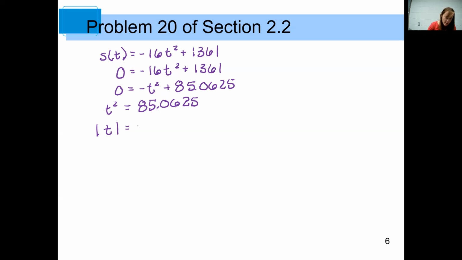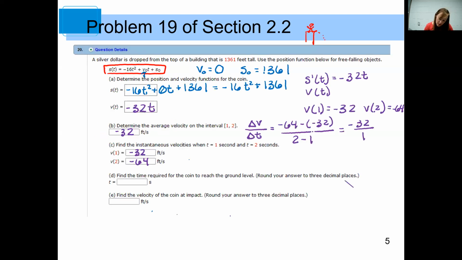So then this gives us the absolute value of t equals, if I'm just rounding it, 9.223. Again, I'm not paying attention to significant digits. So round to 3 decimal places. So we are looking at 9.223 seconds.